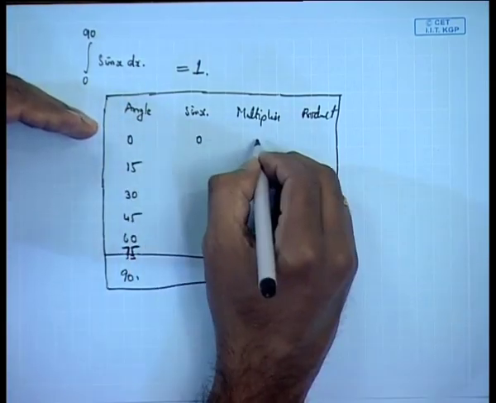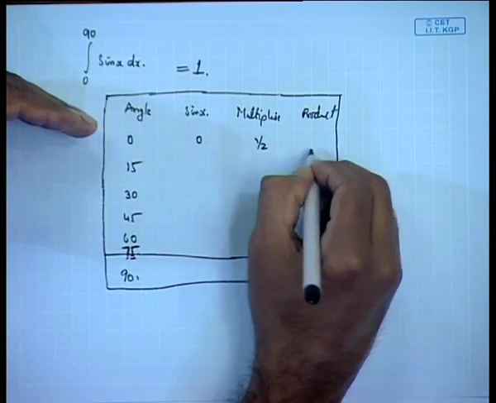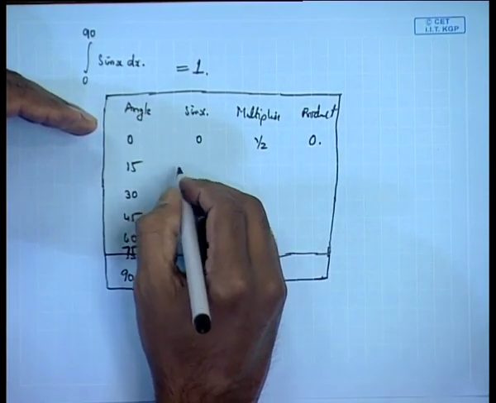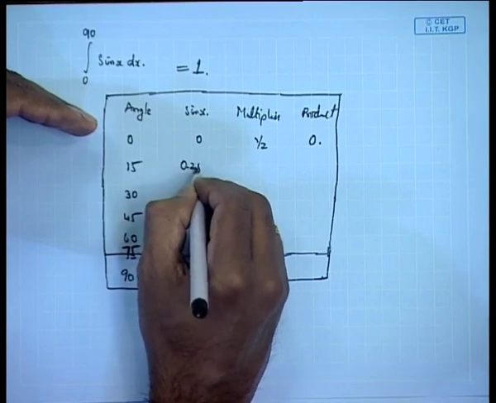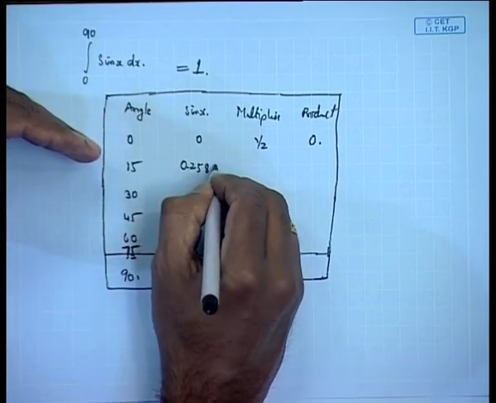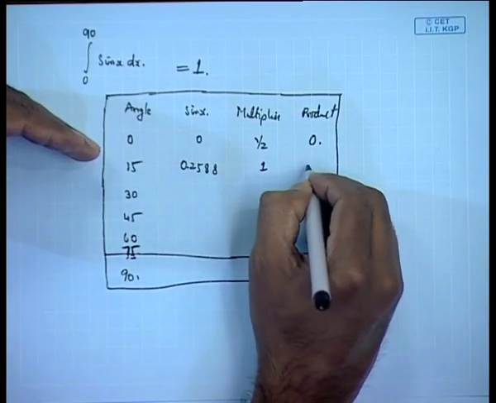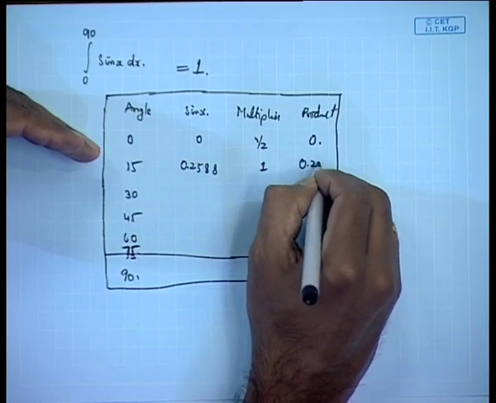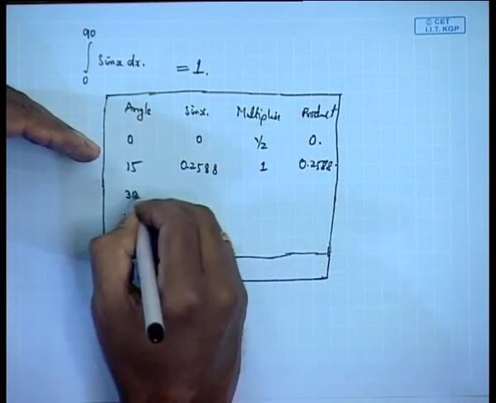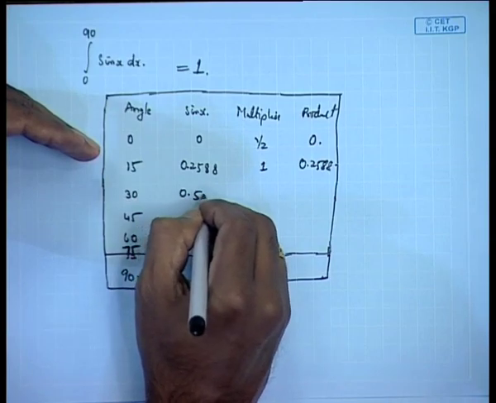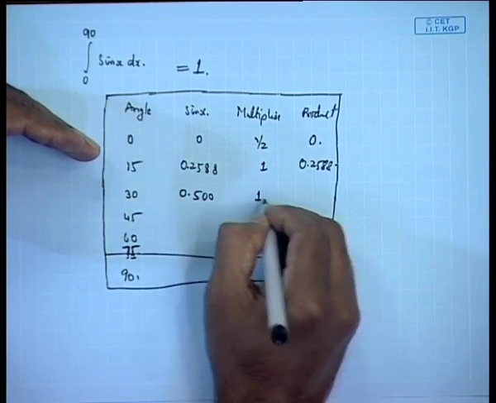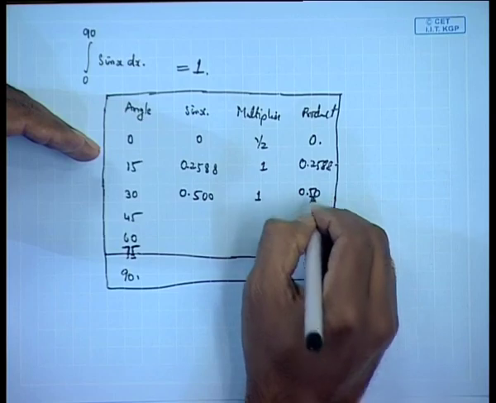So, sin 0 is 0, the multiplier is half, and the product is 0. Sin 15 is 0.2588, the multiplier is 1, and the product is 0.2588. Sin 30 is 0.50, the multiplier is 1, so the product is 0.50.